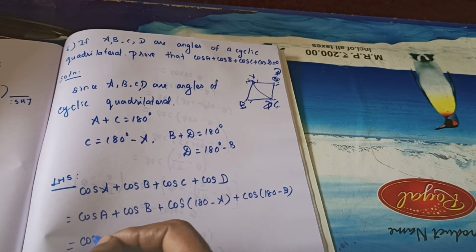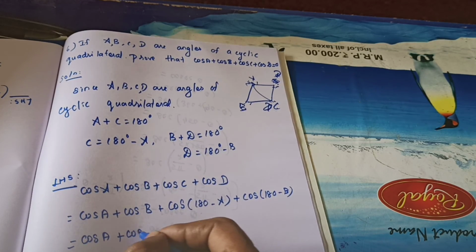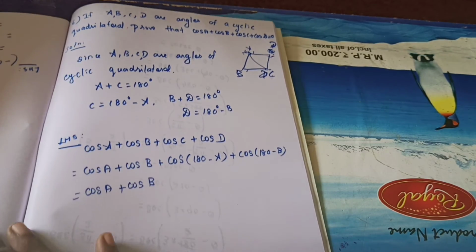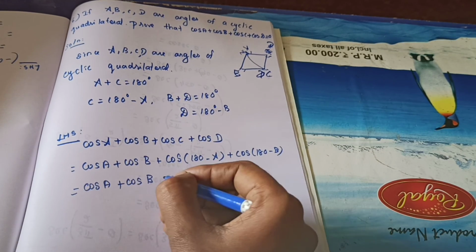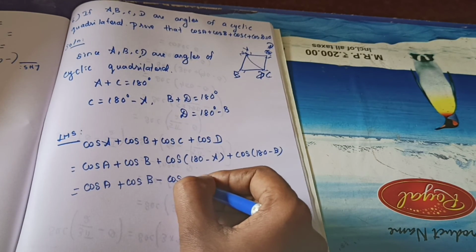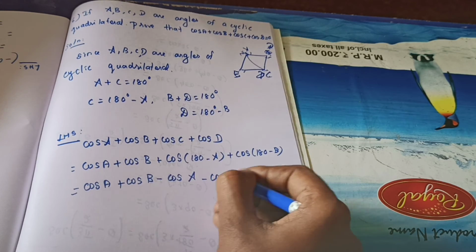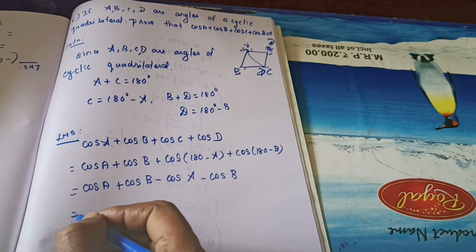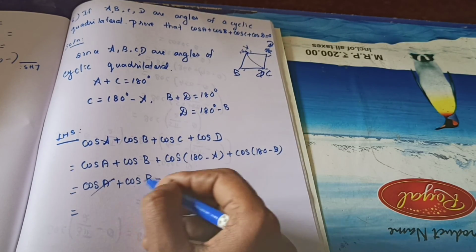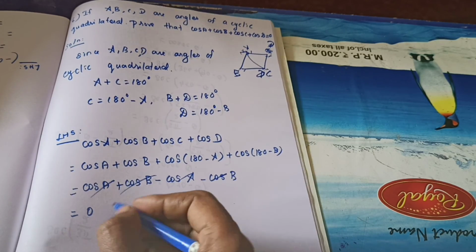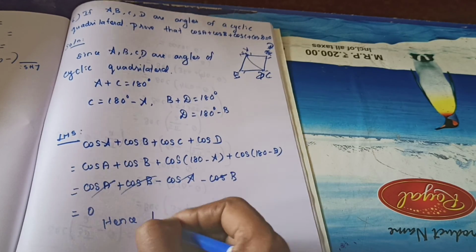Minus cos theta. So cos A plus cos B, minus cos A, minus cos B. So what will happen? This will get cancelled, this will get cancelled. So equal to 0. Hence proved.